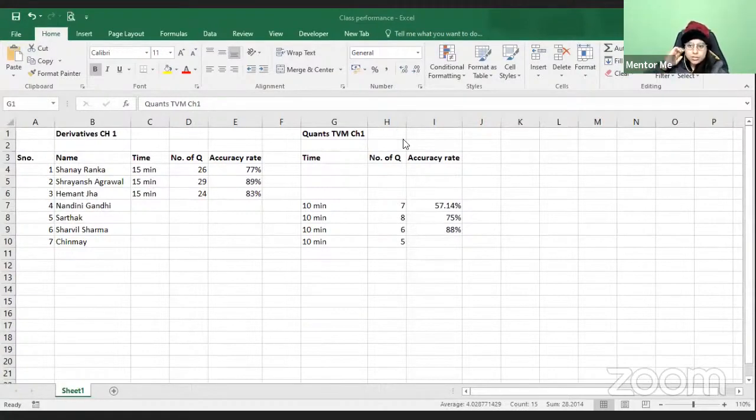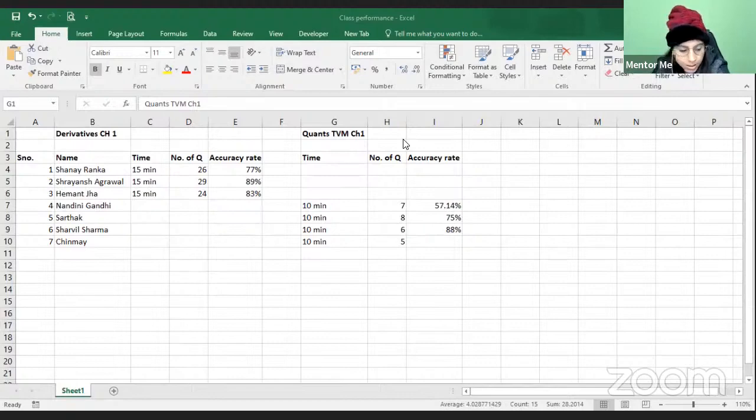So what I want you to do is quickly wind up. Look at the solutions and try to get your accuracy rate.